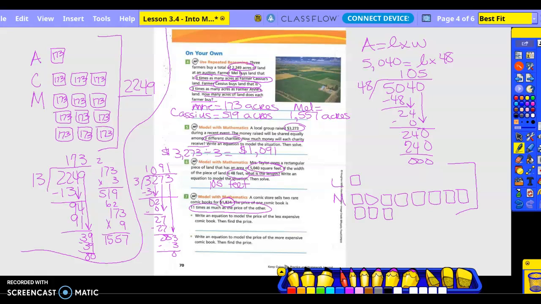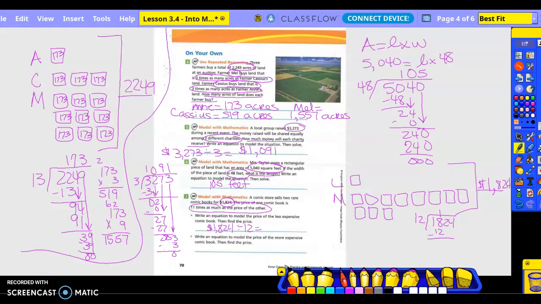Okay, and then a bracket to go around all of it. And the total is 1,824. Those comic books are pretty expensive, aren't they? Okay, so our equation is going to be what? To find the least expensive one, we're going to take 1,824 divided by what? Not 11, but 12, because we have 12 total boxes. So 1,824 divided by 12. 12 into 18.